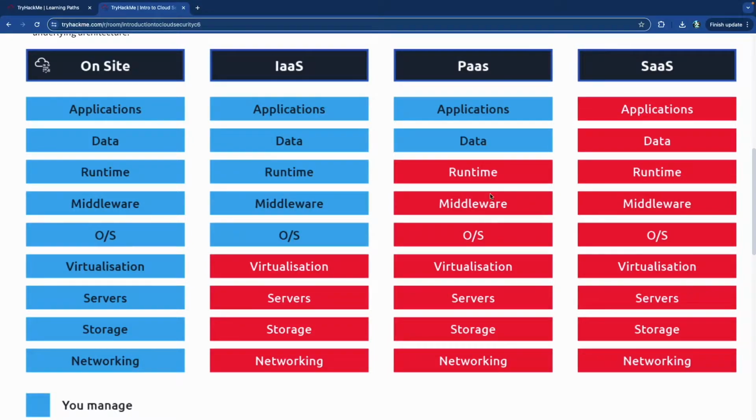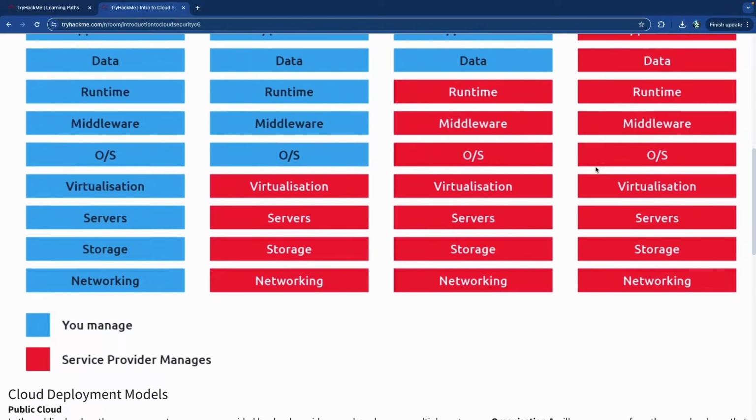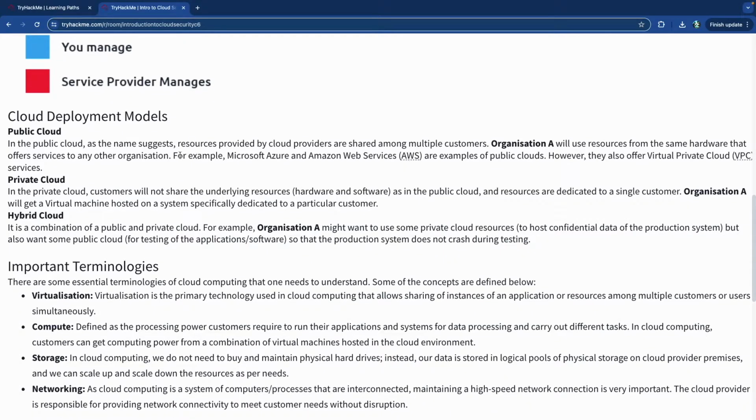You don't have to worry about installing any of this stuff. You just use them at this point. And it becomes less and less for you to manage and worry about the further along you go with all of these things, okay?